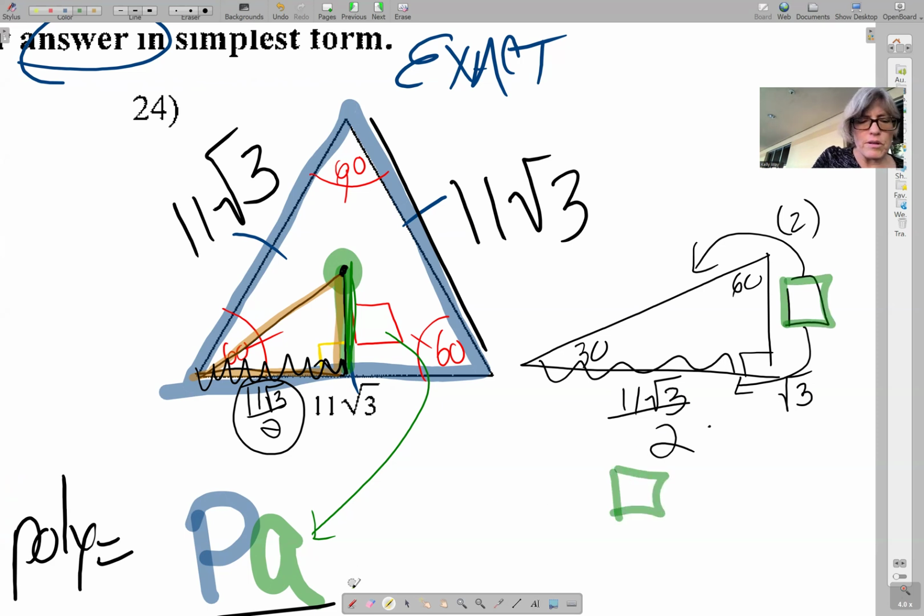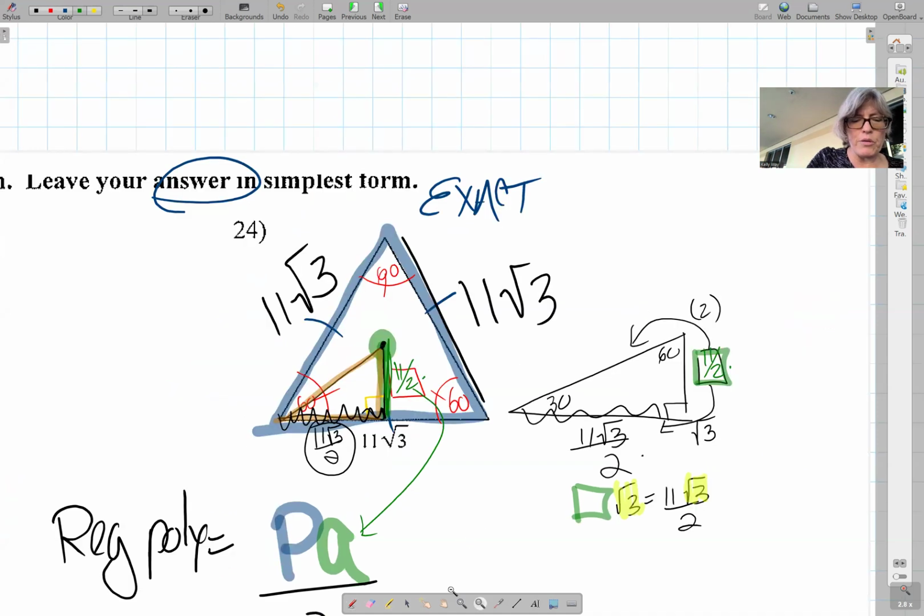What times root 3 is 11 root 3 over 2? It's pretty easy to see the only addition here is the root 3. So if you were to divide that out, you would end up with 11 over 2. Now you have everything you need.